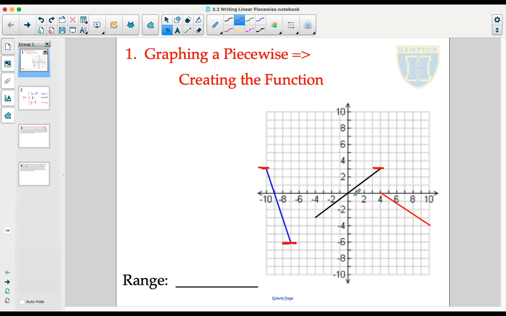The black line segment gets almost all of it. The red line segment gets a little bit less. But because this blue line segment has the bottom and the top on it, I see that I cover all of the values of the range. So the top looks like it's at 3. The bottom looks like it's at -6. I've got values on both of those endpoints. So we're going to say our range is -6 to +3.